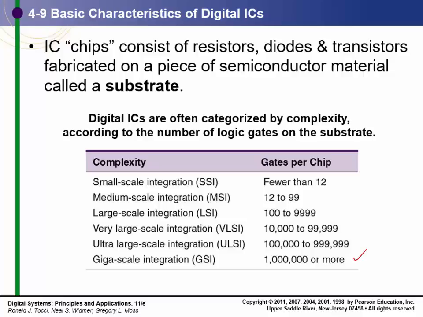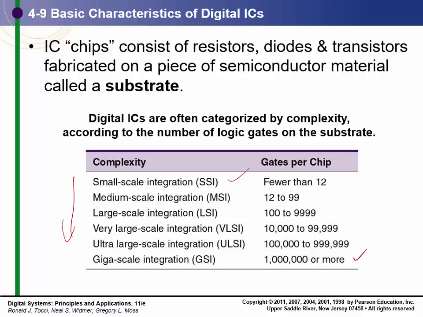That's not considered an extremely large chip by today's standards. The slide says copyright 2011, so this particular slide is at least 4 or 5 years old. It may be much older than that. But the concept is the same.